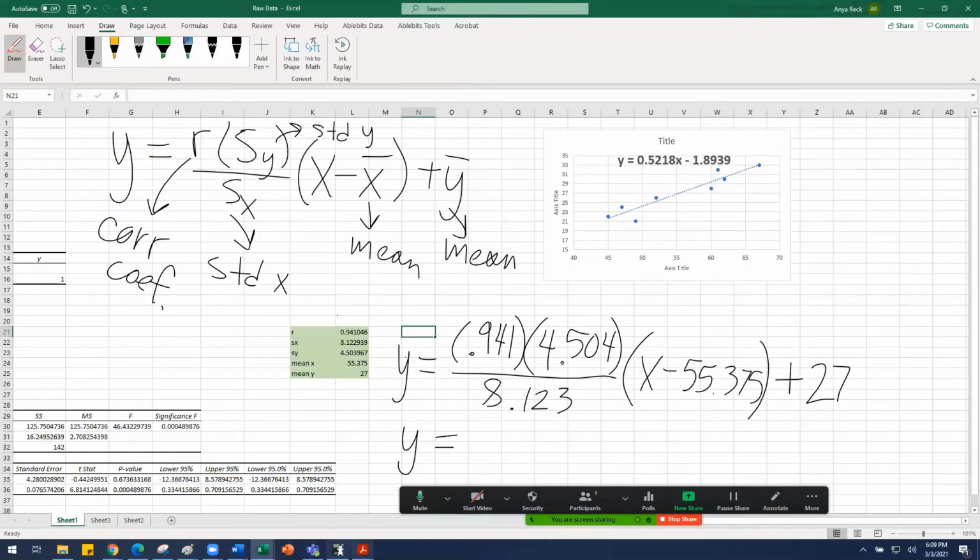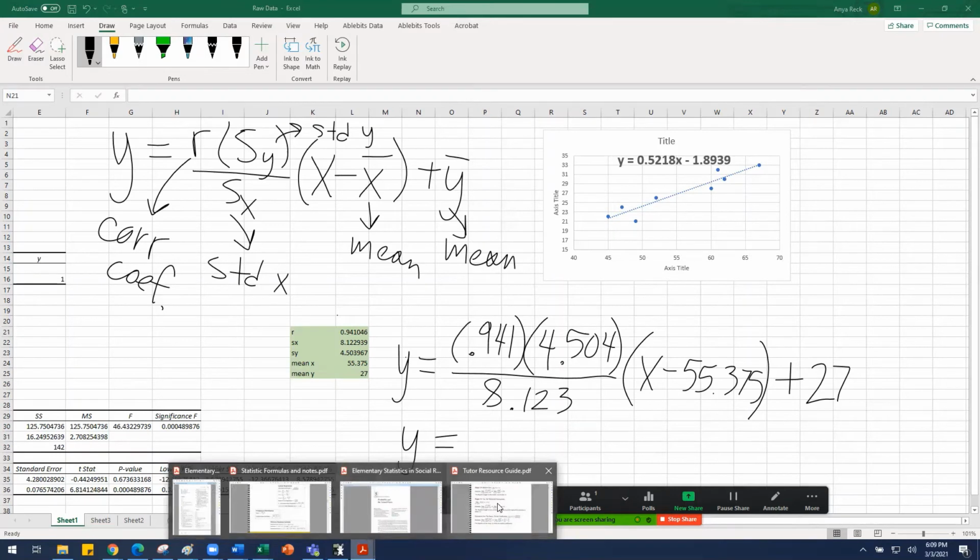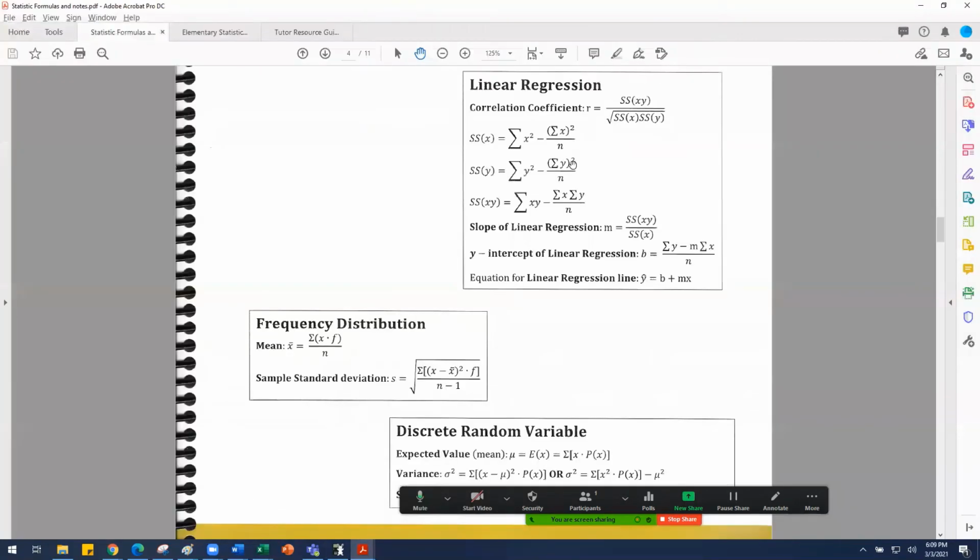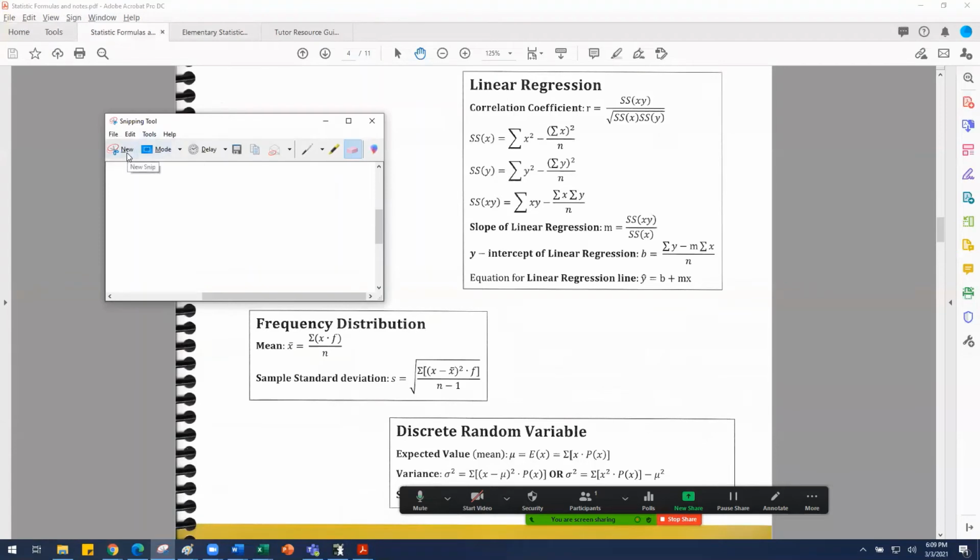There is one more approach, and I will show you the formula. This is the linear regression formula here, if you're doing it by hand. So let me copy this formula.